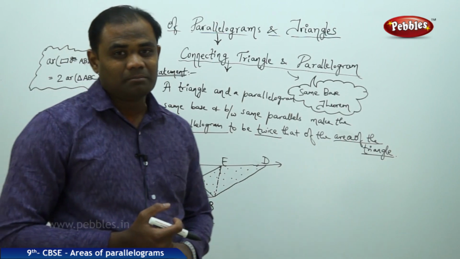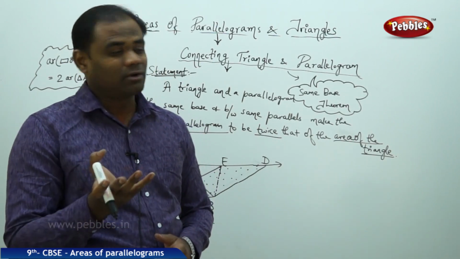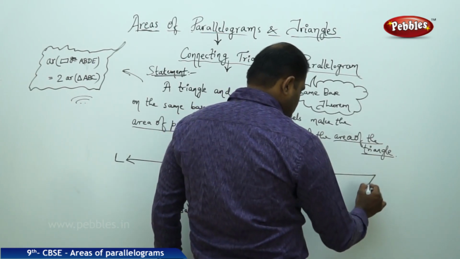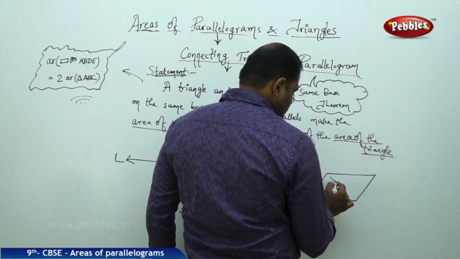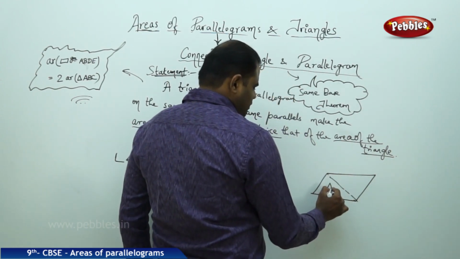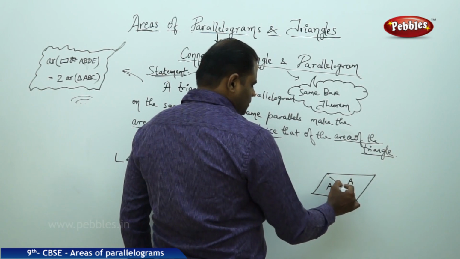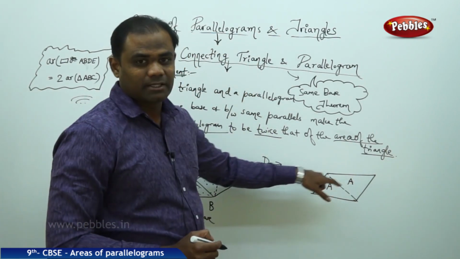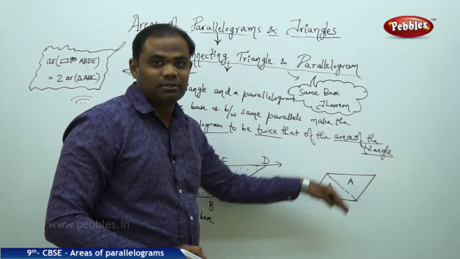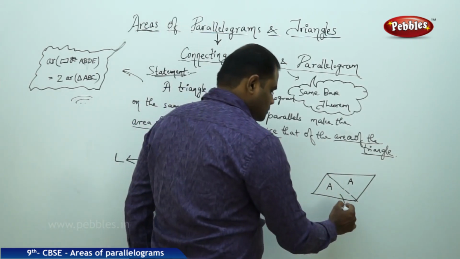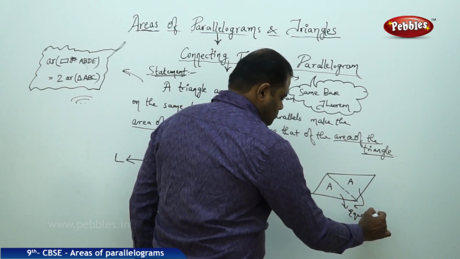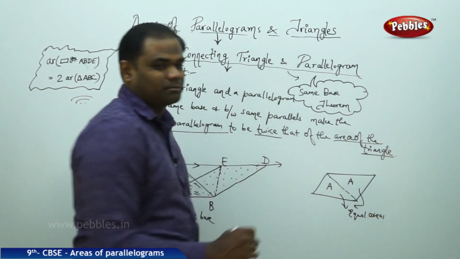A diagonal makes the two triangles congruent in a parallelogram, as we have learnt in the previous sessions. So the diagonal divides the parallelogram into two equal areas, as we learned in the previous session.